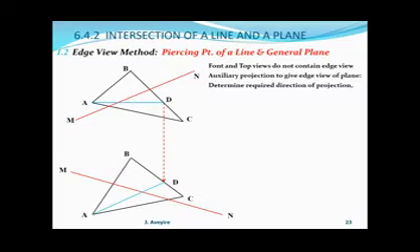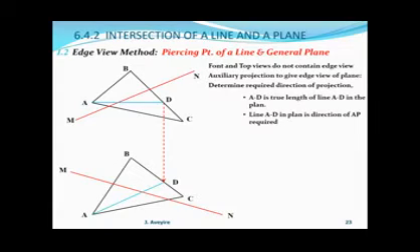Now we know the line AD on the top view is the true length on that plane. Therefore, if we project along AD on the top view, that will give us the edge view. So our auxiliary projector, AP, is along the line AD on the top view.